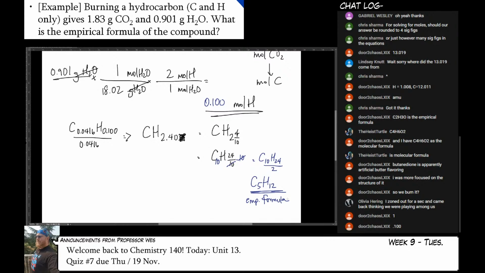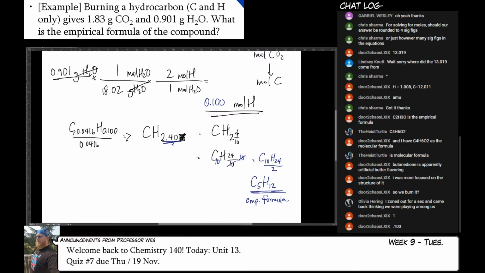And you might be looking at that and going, what the hell? And I put this example in here specifically because you get this bizarre edge case number. In some circumstances, you will get a fraction for your empirical formula when you do the math. And that's just a result of how math works when you're doing this process.